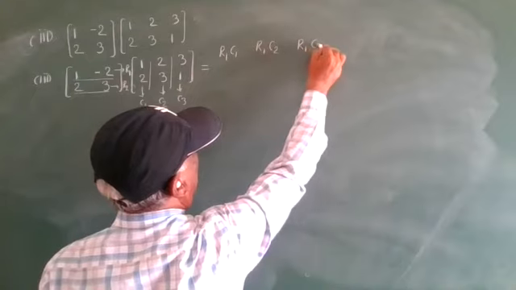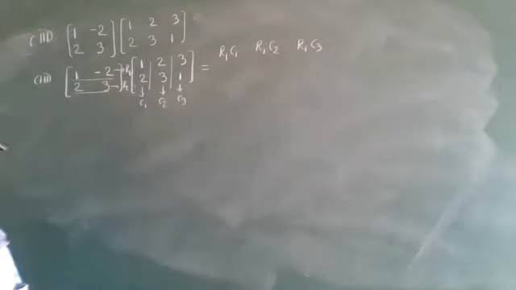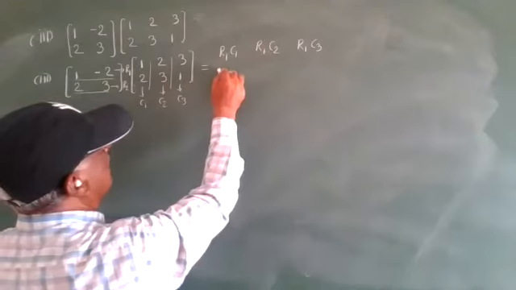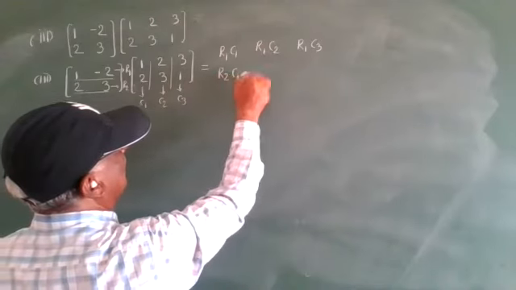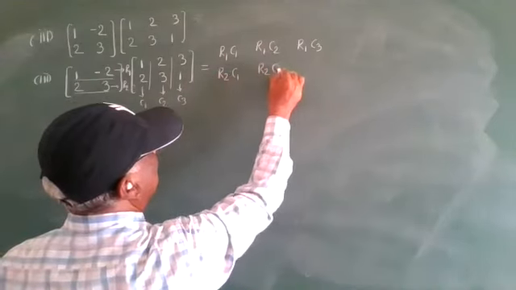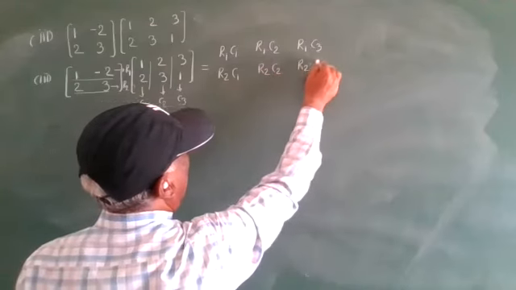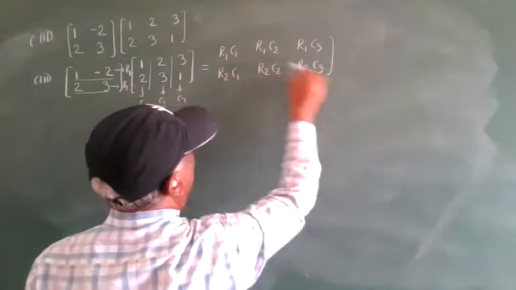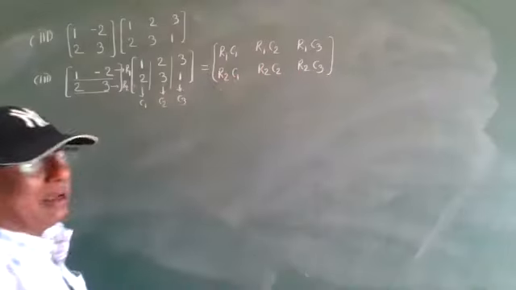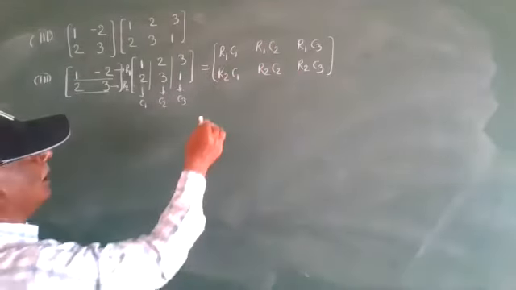The row to all columns. Next, R2 starts. R2 multiplies with the 3 columns. So row to columns multiplication, one row multiplies with all columns.